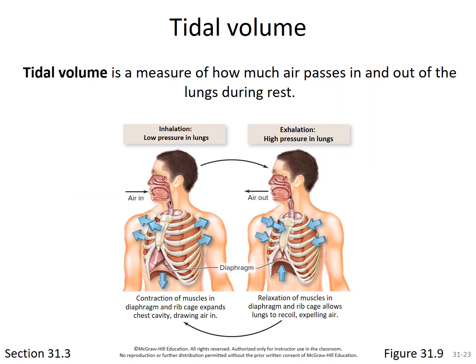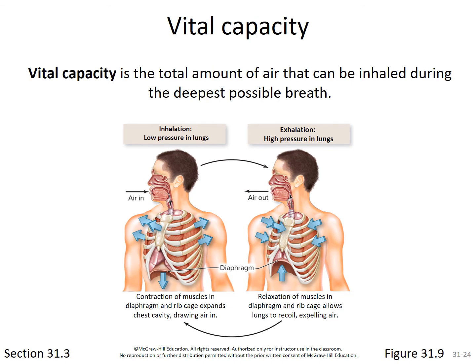Okay, so there are a number of measures of breathing, and we're going to go over a few of those. Tidal volume is a measure of how much air passes in and out of the lungs. This is during rest, during normal quiet breathing, when you're not trying extra hard to inhale or exhale, when you're not particularly exercising much. This volume is tidal volume.